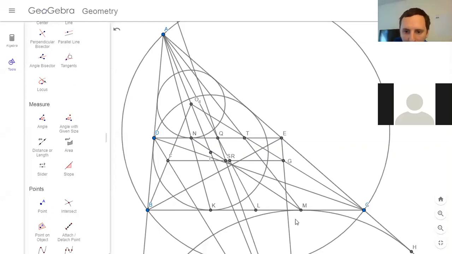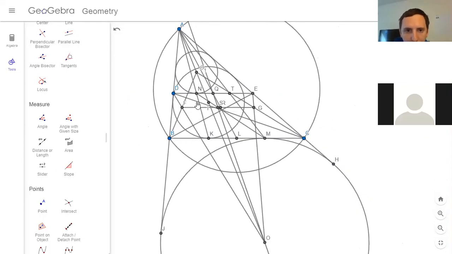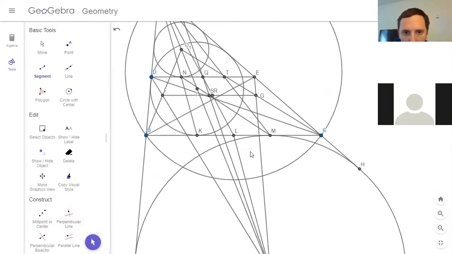So Q. So AK is parallel to the line through L and the excenter. Let me try to use that. So AK is parallel to LO.